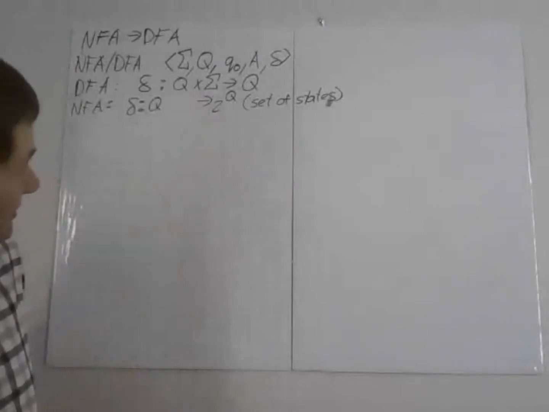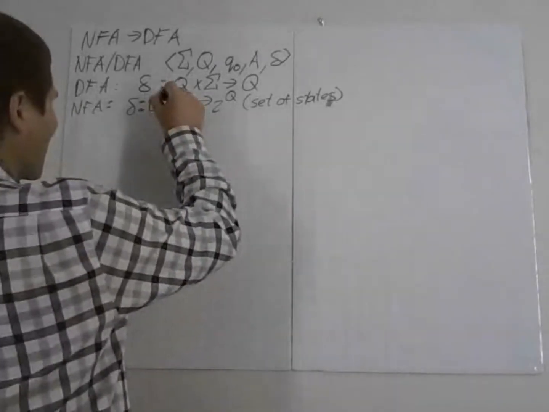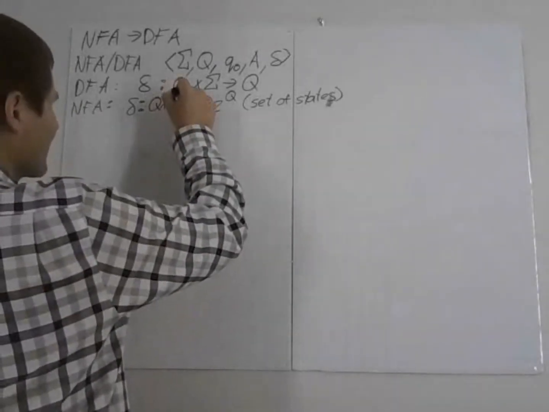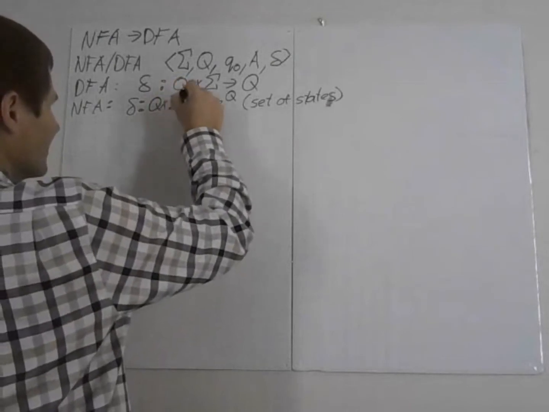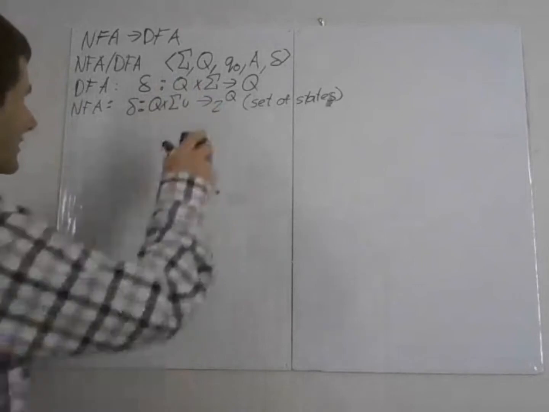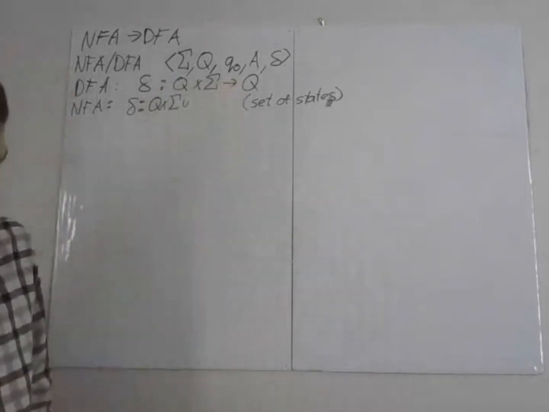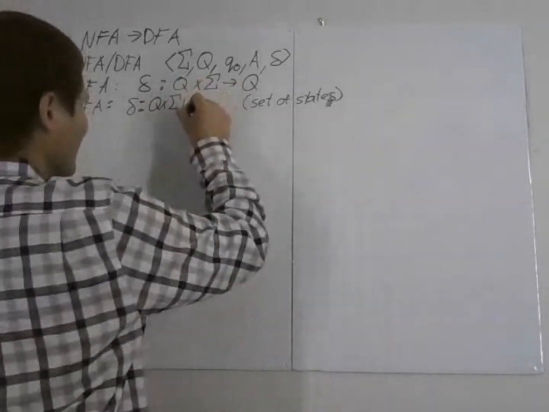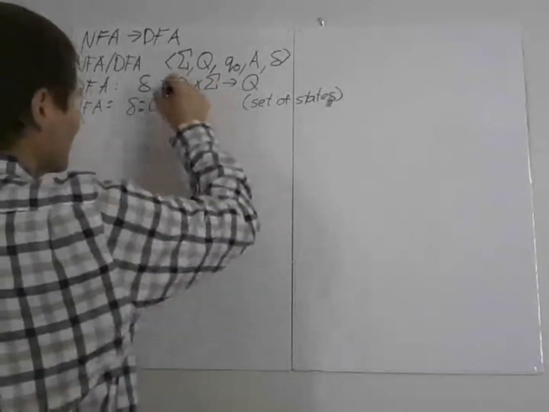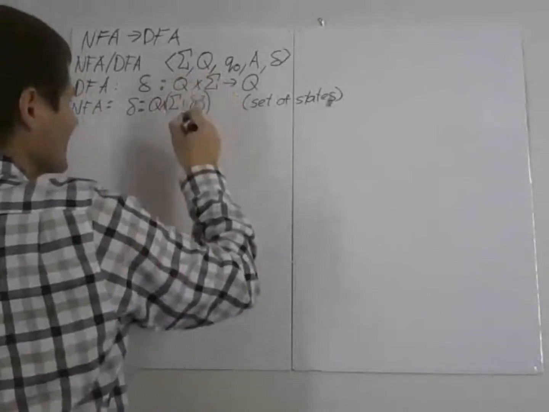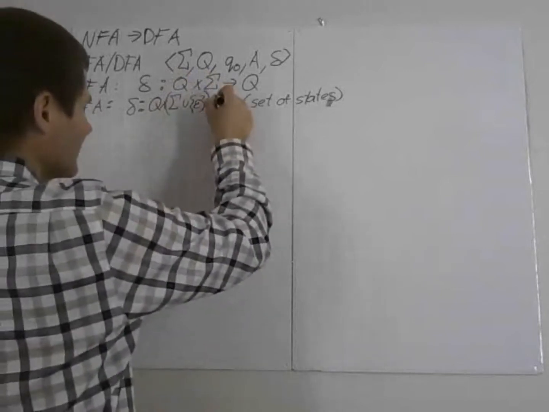So you're right. So I'm going to say sigma union epsilon. Right? So you want to allow transitions on epsilon.